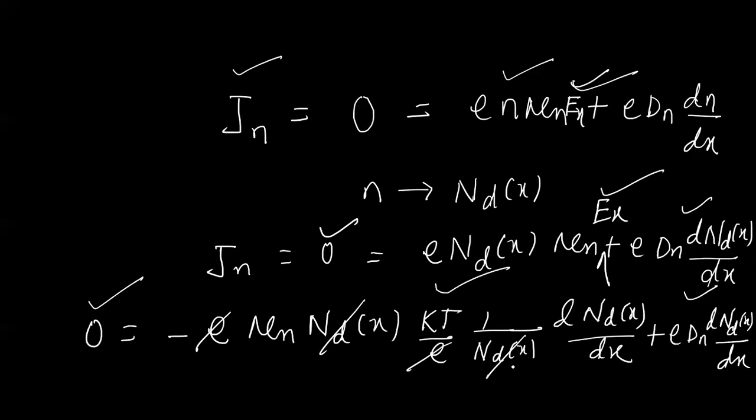So we can now rewrite whatever is remaining, with mu_n, kT and dN_d/dx here. Any other thing that can be cancelled? dN_d/dx will also be cancelled.